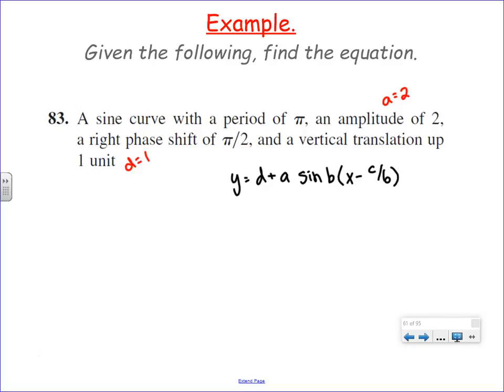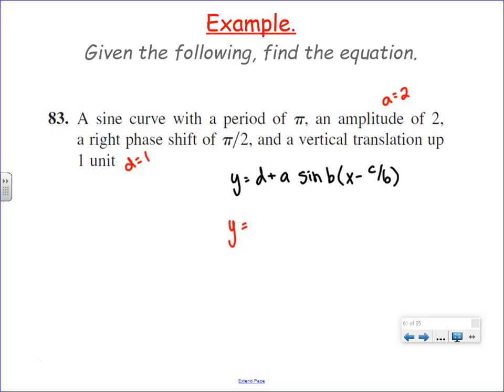So if it doesn't give you the graph, you have to do the half of the amplitude. You're thinking about if you have a graph and you're looking at it, the high, the low cut in half. But this one, they just tell me how much. They don't tell me where it is at all. Amplitude just tells me how stretched it is. But it could be all over the place.